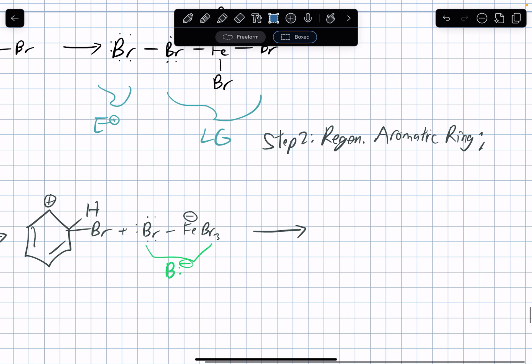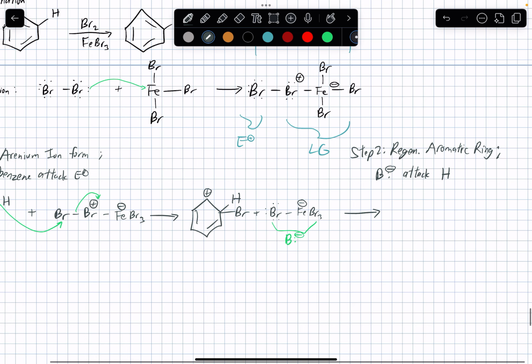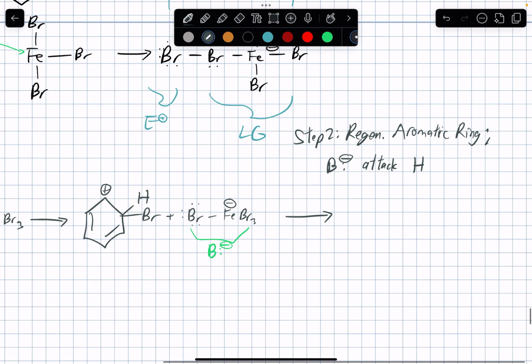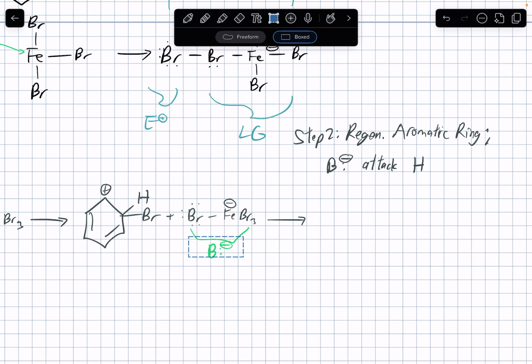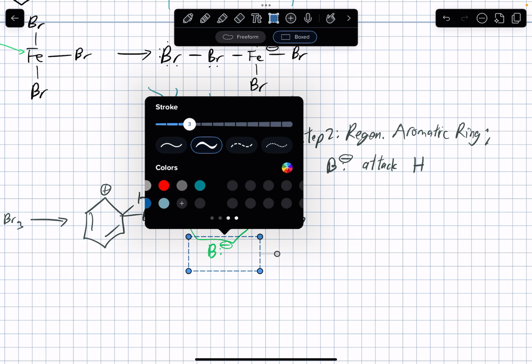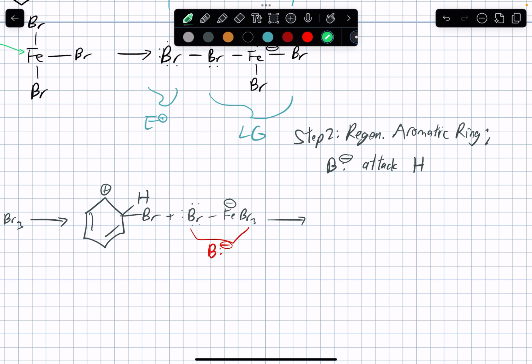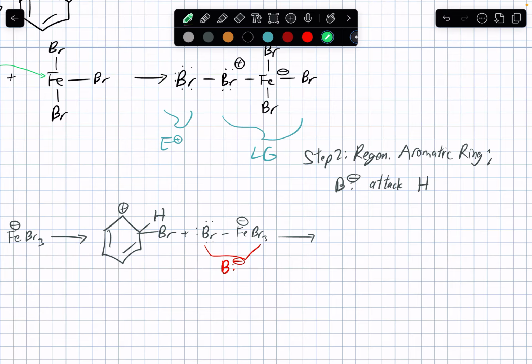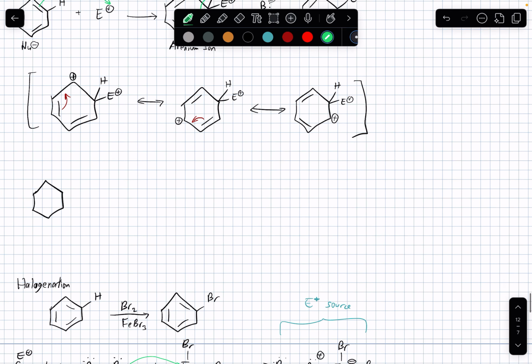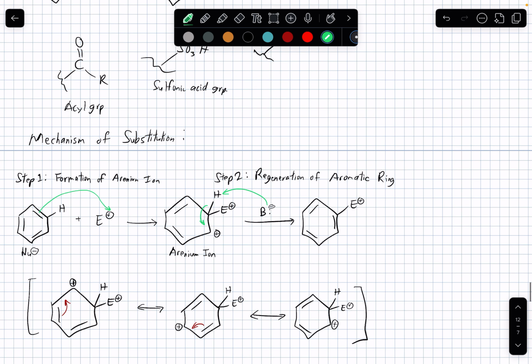In step 2, the base attacks the hydrogen here. Let's show that. So the negative charge of the base, it is negatively charged or it has lone pairs, no? That's a condition.